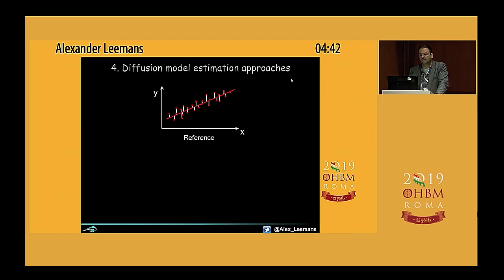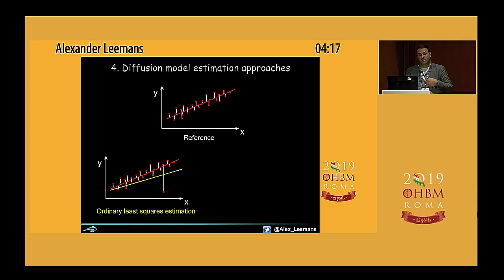And finally, I would like to say something about the diffusion model estimation approaches. Well, again, look at the residuals. In this case, you would say okay, good quality data, but what if you have an outlier due to subject motion or pulsation artifacts? Well, in this case, from a statistical point of view, it's kind of trivial, right? It's an outlier. We have many tools to do that. We look at the interquartile range, look how many times it's beyond this confidence interval, and then say it's an outlier.